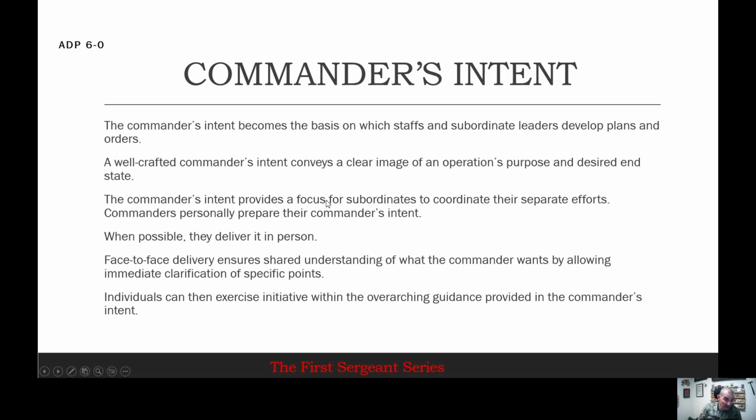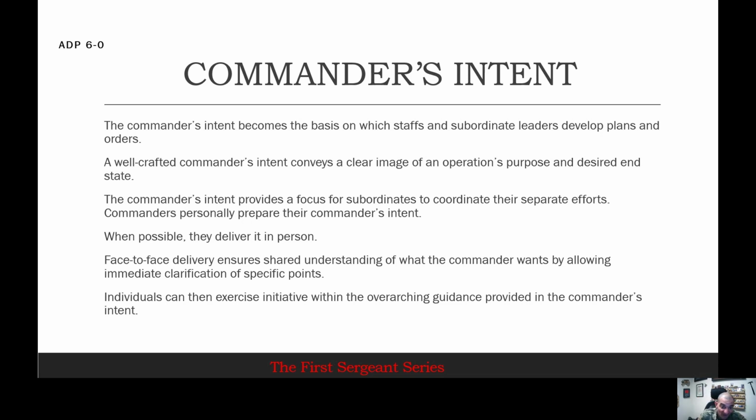Like I've been saying, the commander's intent becomes the basis on which staff and subordinate leaders develop plans and orders. It needs to be well crafted. It has to convey a clear message, an image, the operation's purpose, and what the end state actually is.